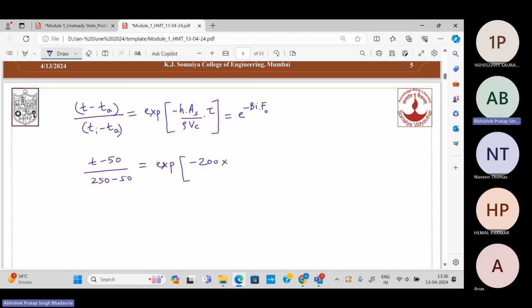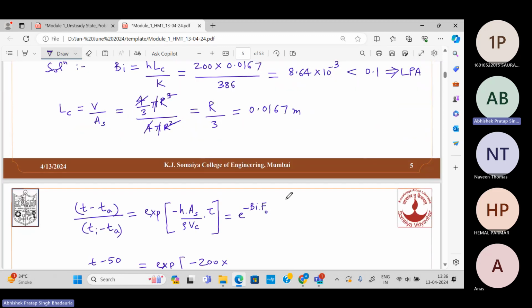Okay, I'm providing you a minute. Solve it. We can simplify our calculation. Here you can see As divided by V is there, and we know V by As, that is volume per unit surface area, is nothing but Lc, and that Lc value we have already calculated.